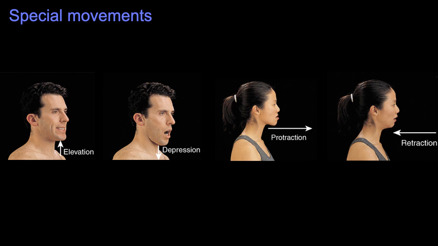Then we have some parts of the body that can do special movements, and these include elevation and depression, protraction and retraction. Here you can see them in the image, represented by the mandible.